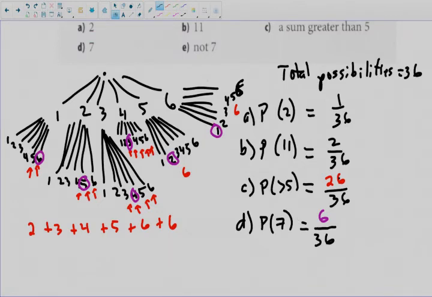And the last one is not a 7. So the probability for E of not rolling a 7 is the complement of rolling a 7, and the difference between 6 and 36 is 30. So the complement is 30 out of 36.